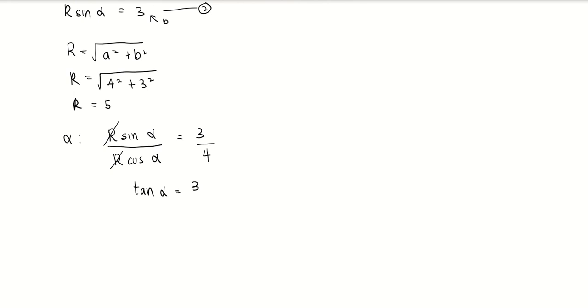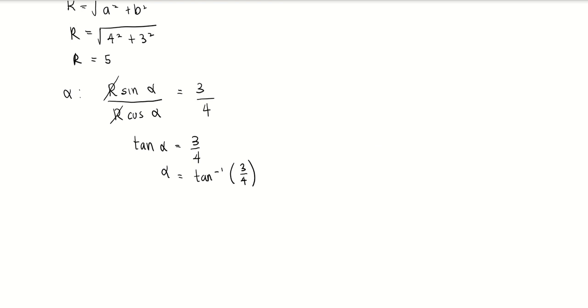So tangent alpha equals 3 over 4, so alpha is arctangent of 3 over 4, which is 36.87 degrees.